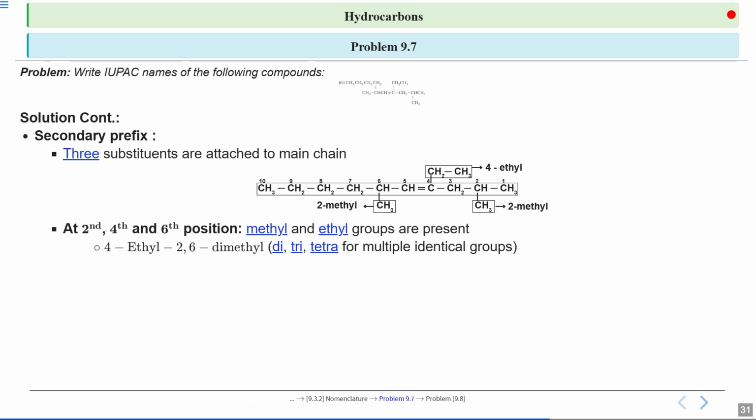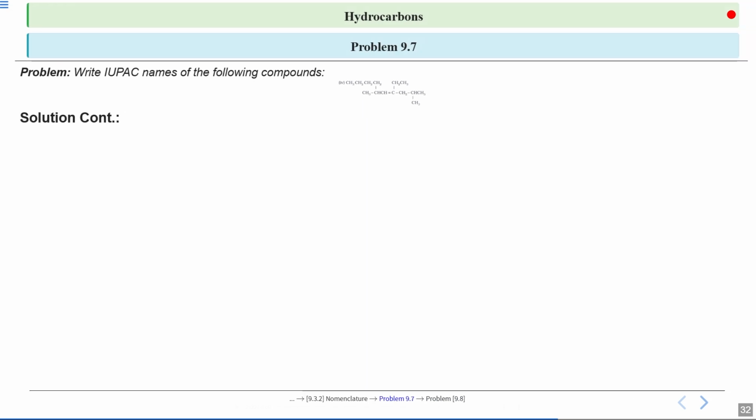We have methyl and ethyl. There are 2 methyls on 2 and 6, and 1 ethyl on the 4th. Therefore, the complete secondary prefix will be 4-ethyl-2,6-dimethyl. We are using di for 2 methyls. Now continuing further, we have to put all of these parts together.